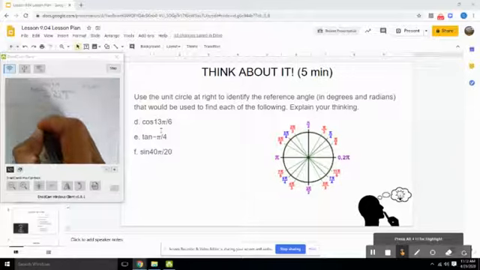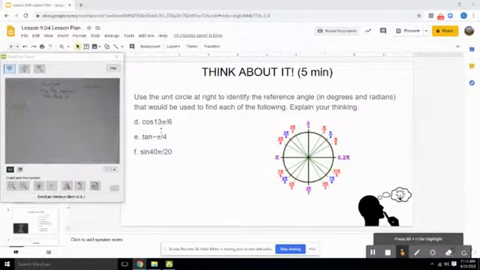Now we need to find the angle that would be a reference. If we were going to use our unit circle to find out what answer this would give us, we need to find what angle we would use. We have to change this into degrees to see what angle that would be.